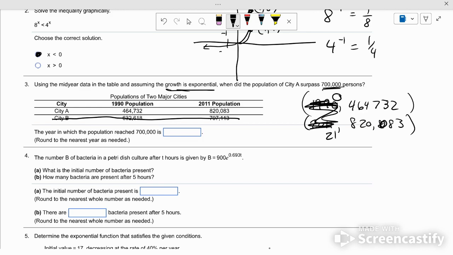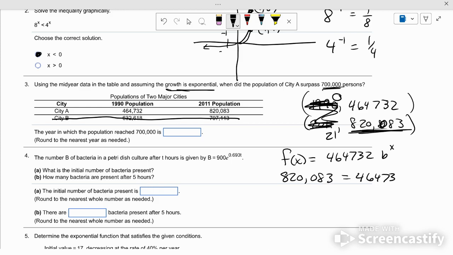So if this is 0, f of x equals 464,732 b to the x power. So now we fill in these. We fill in 820,083 equals 464,732 times b to the 21 power.